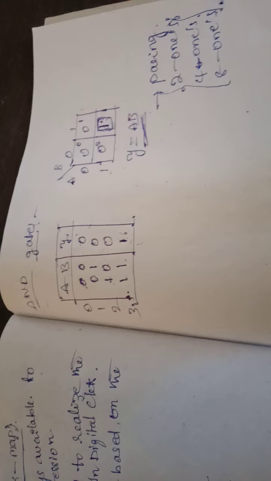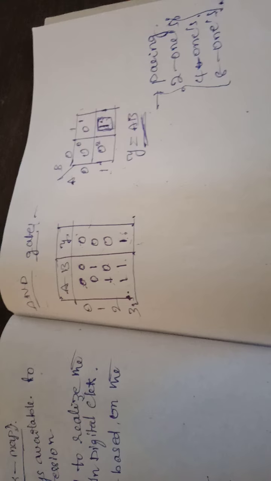So this is my A, B, output Y. 0, 0, 0, 1, 1, 0, 1, 1. 0, 0 means 0. 0, 1 means 0. 1, 0 means 0. 1, 1 means 1.